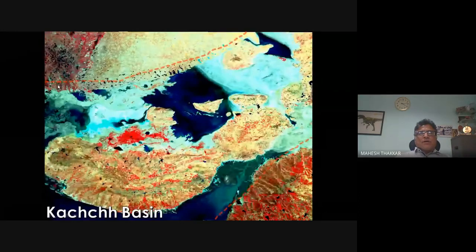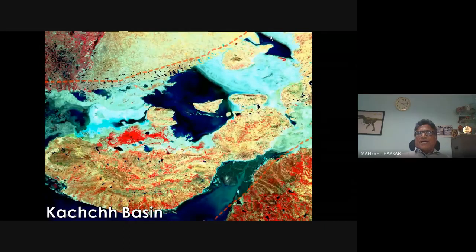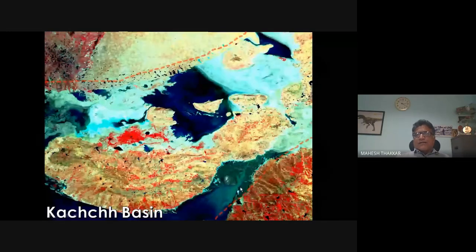If you look at the geotectonic aspects, this is one of the major faults, called the basin bounding fault, the Nagar-Parker fault. So Kutch Basin is between the Nagar-Parker fault and the North Kathiawar fault in the south.